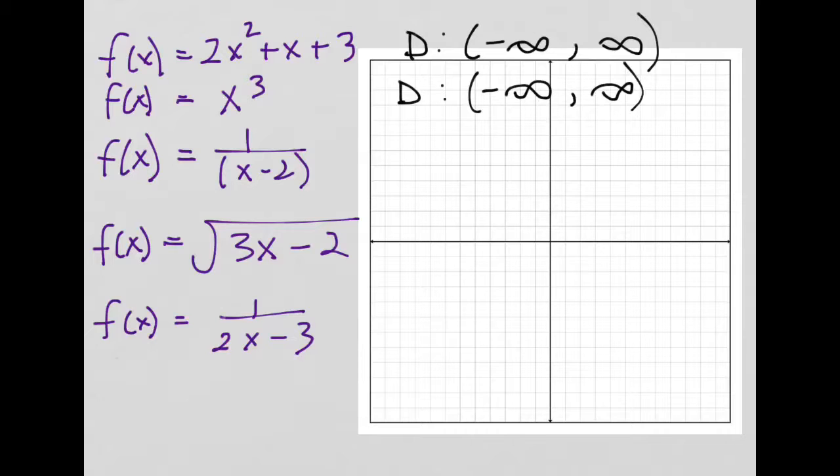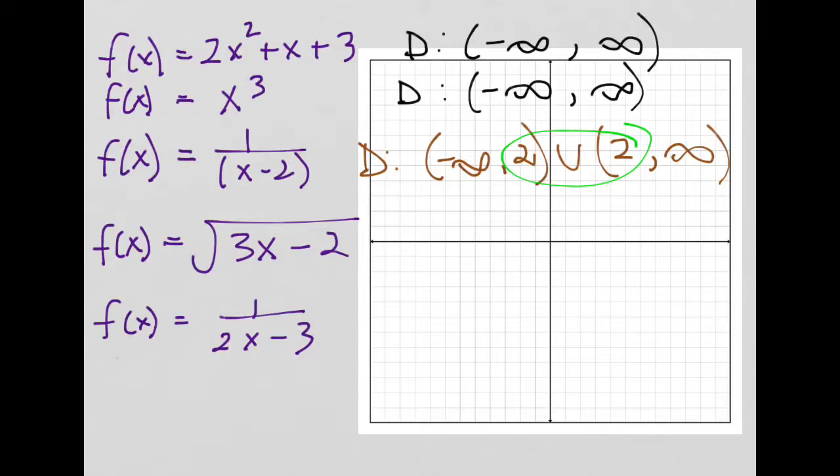So we say that the domain is going to go from negative infinity to 2. Then there's going to be a hole. We're going to represent that with this split here. You put your union in, and then to infinity on the other end. So this here, in interval notation, represents your split, where x cannot be 2.